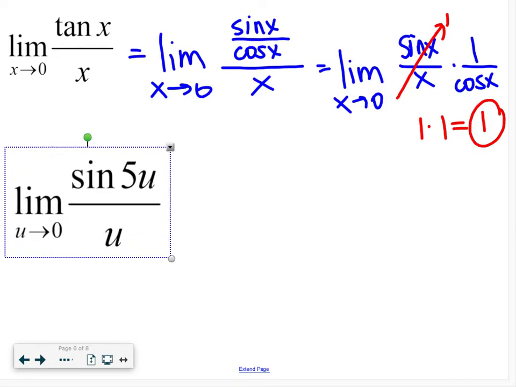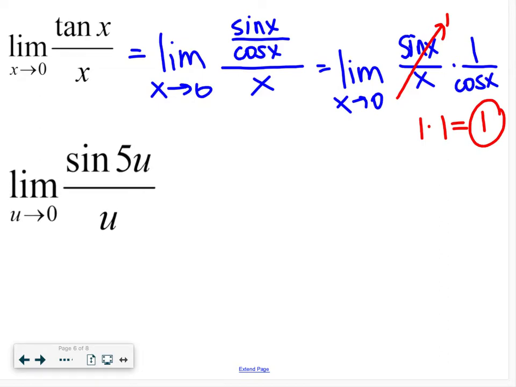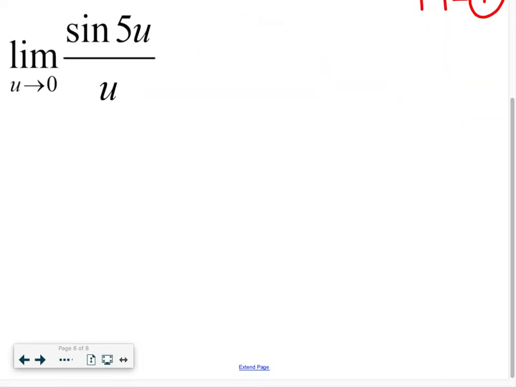X is not always the variable we'll use, so here we'll practice using u. Oh, look at that. Is this the special rule? No. Turn to your neighbor. What would make it the special rule?